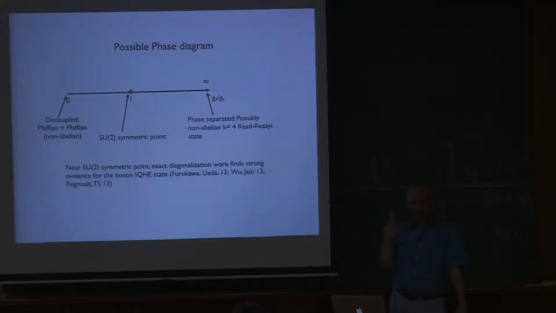In real life, there's a very simple answer. And the real life answer is that there's disorder in the system. And because of disorder, any extra charge that you induce into the system just gets localized, just gets pinned on impurities.